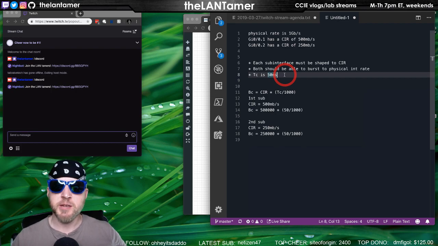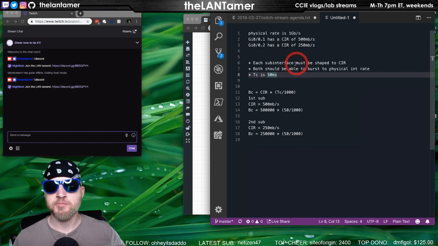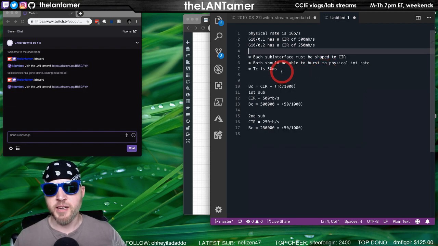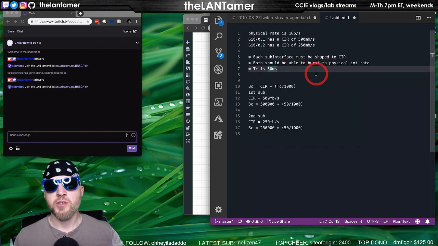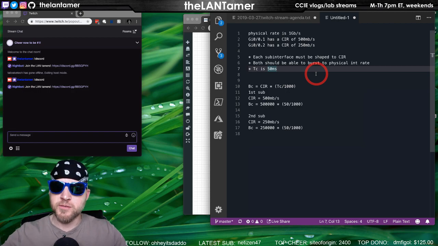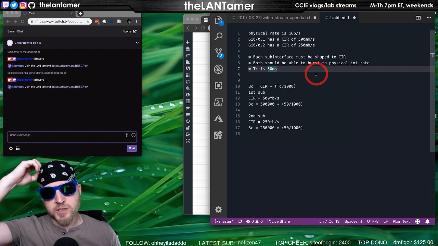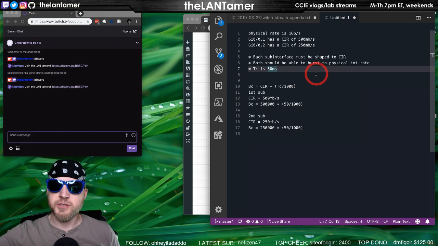You can shape it though with your own Tc, and this is often done, from what I've read, based on the traffic types that you might have. So for example, you wouldn't want too long of an interval to pass while traffic is buffered, because what you're doing, shaping, of course, is going to introduce some degradation of service.